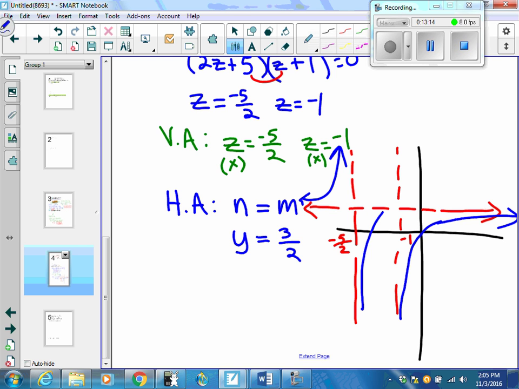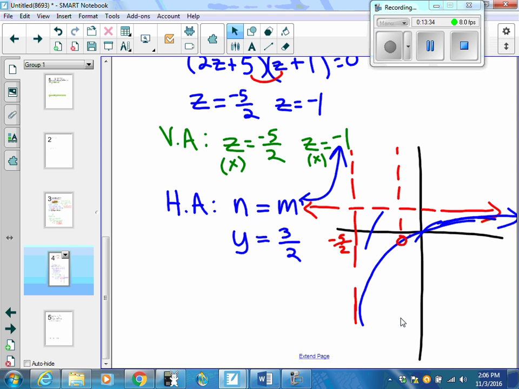It's going to be like this. And we have a hole at -1.